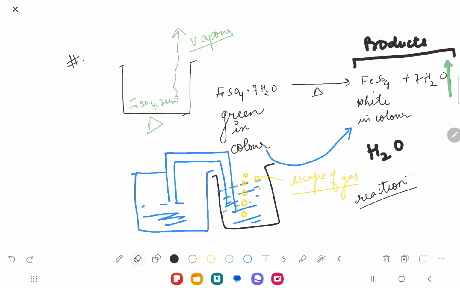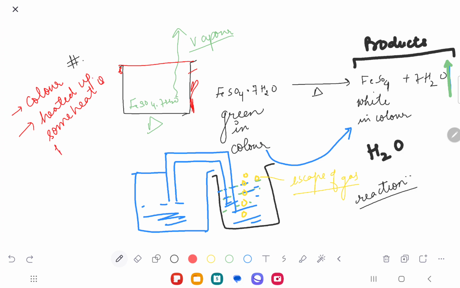Color change, if I get to see. Some temperature change. Sometimes you're performing the reaction in this beaker and the beaker gets heated up when you touch it. That means some heat is being produced, or the beaker becomes very cold.